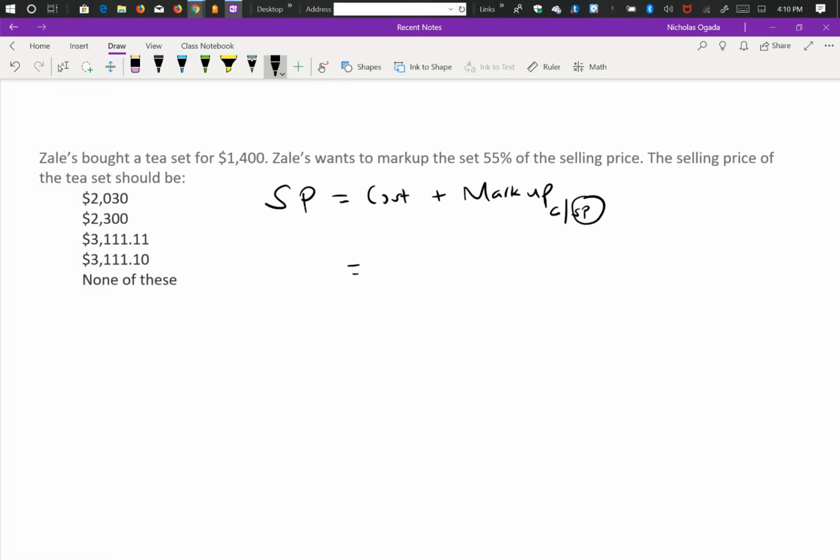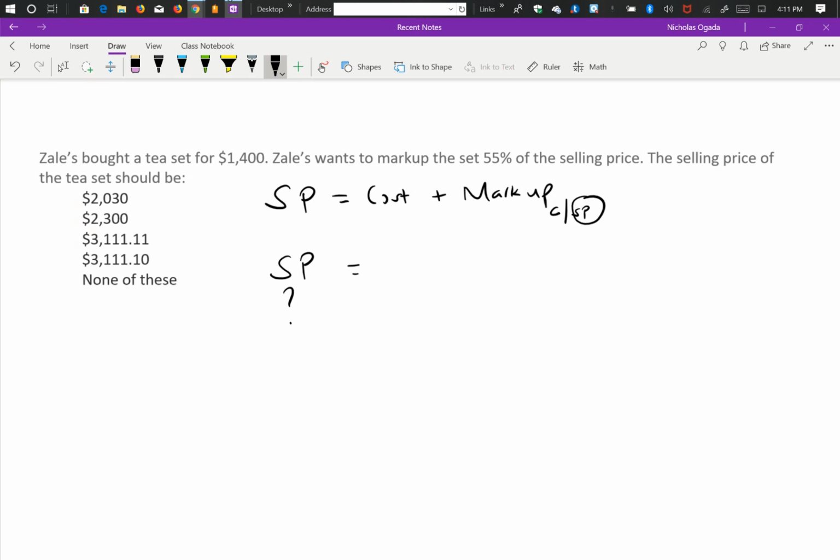We know that Zels bought a tea set for 1,400. Zels wants to mark the tea set 55% off the selling price. So the question is, the selling price of the tea set should be, again, we don't know what the selling price is, because this is what we are looking for. This is what the question is asking us to do.